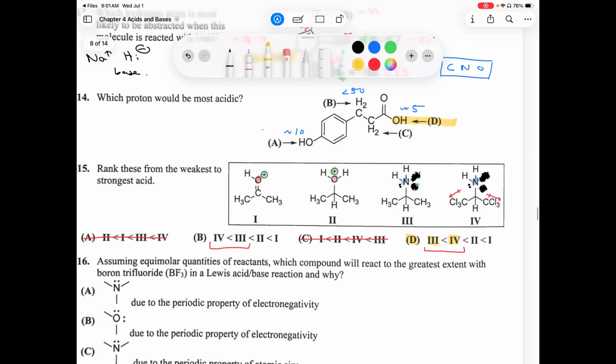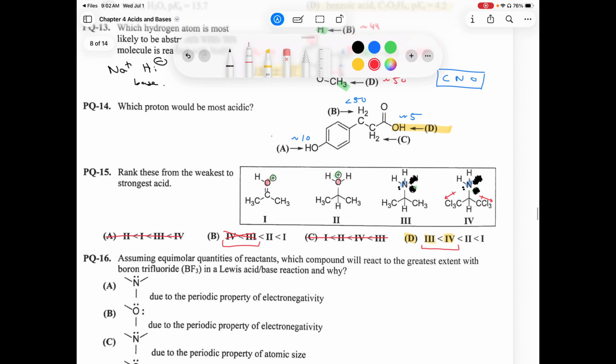Now, if you look at B, we know again that this isn't the answer because 3 is weaker than 4 as an acid. But if we just think about 1 and 2, which one of these is going to be a stronger acid? Well, it's telling us that 1 is a stronger acid than 2. But if you think about the conjugate base that results if this was to lose a proton, you'd end up with acetone, which has a pKa that's equal to 19.